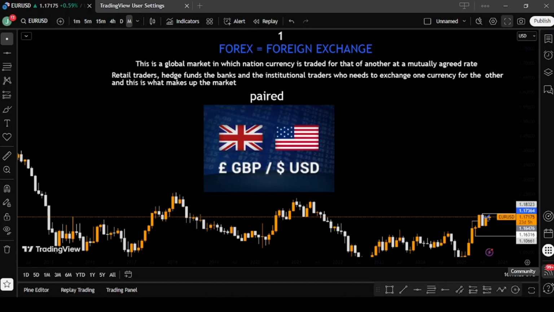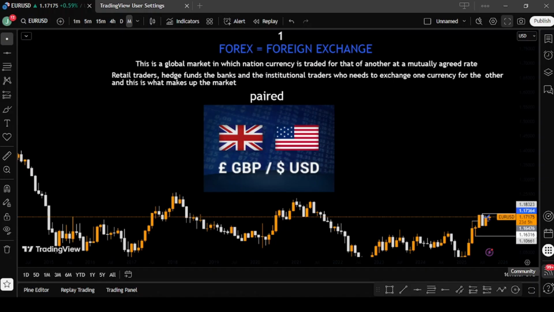Let's say, for example, you make $20 on a $100 account. It means you make 20% of your trading capital. It's the same as making $2,000 on a $10,000 account, the same 20% return.